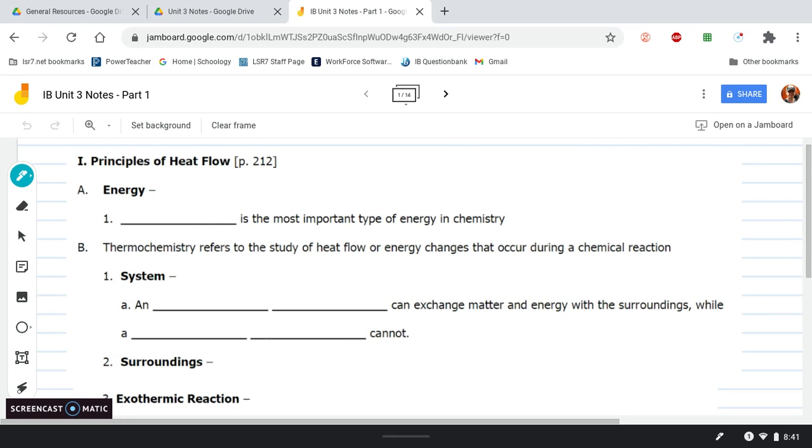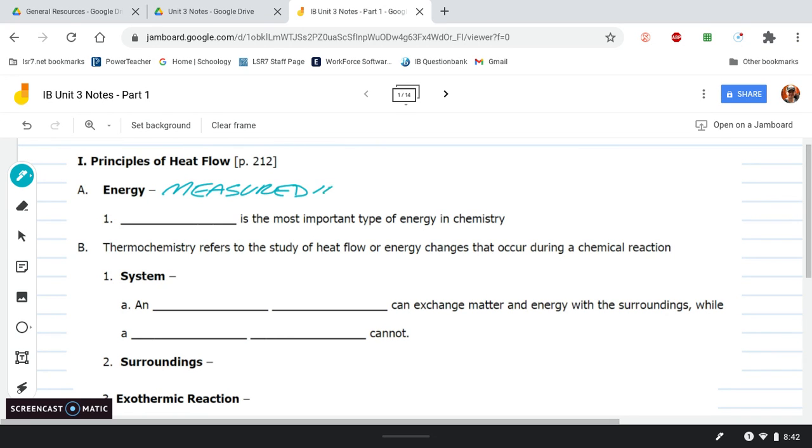when you think about energy, for chemistry, the most common type of energy is going to be heat energy, because we have the Bunsen burner, the hot plate. So we're adding energy via some sort of heat source. And energy is going to be measured in joules.